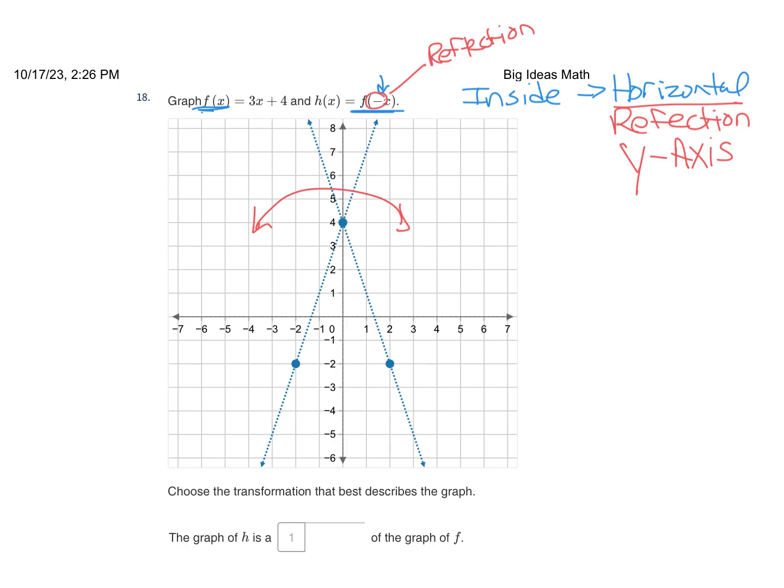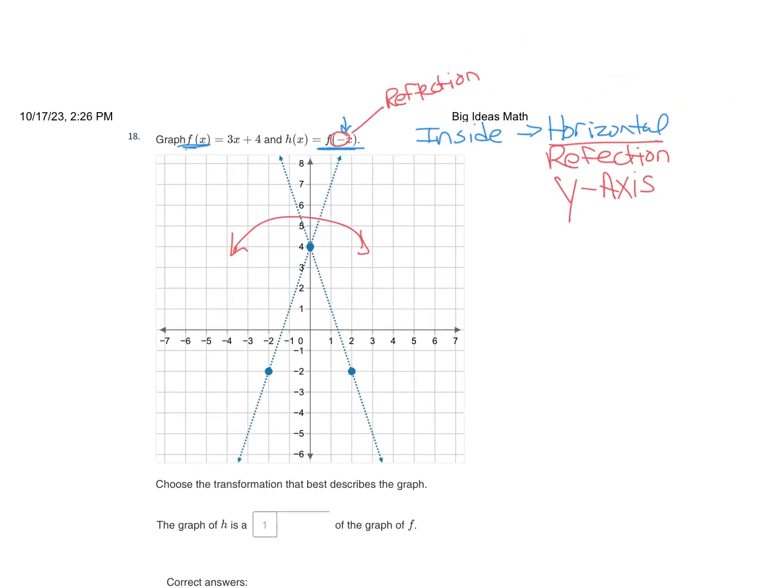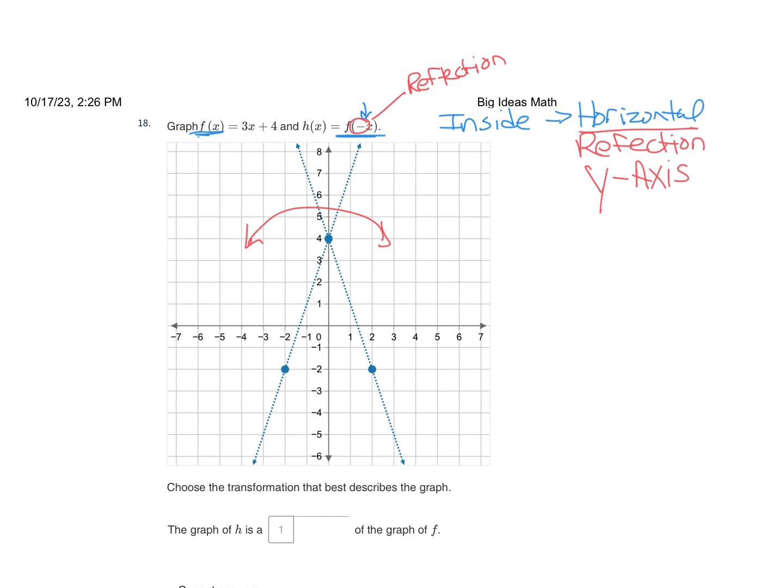Okay. If it was outside, if I had like negative f of x, then that would be a vertical reflection over the, and vertical would be going this way, so it's over the x-axis.